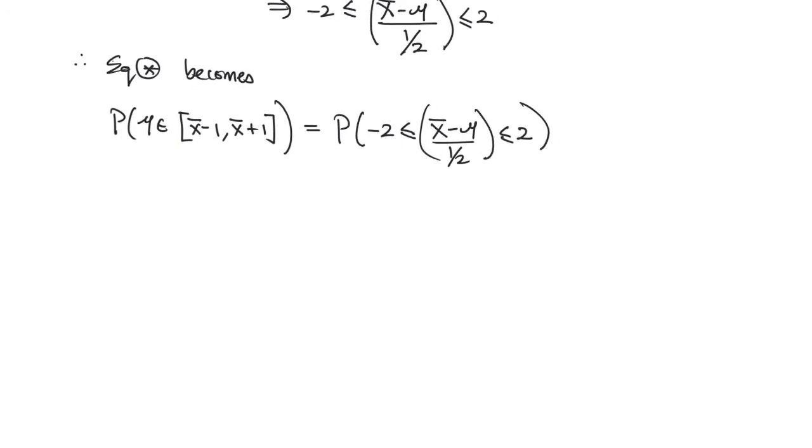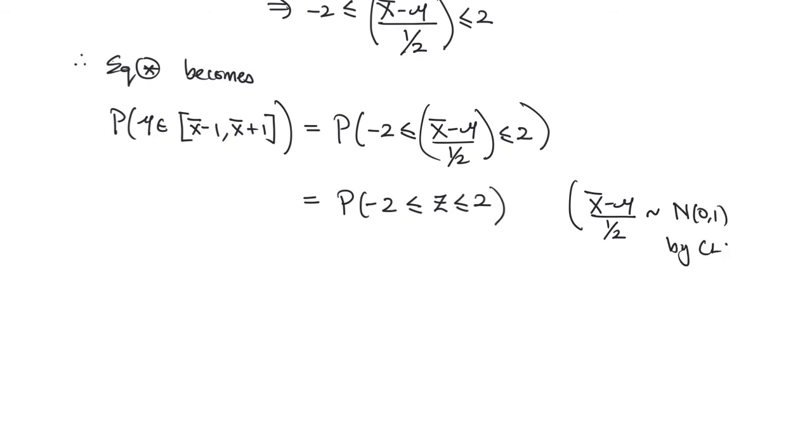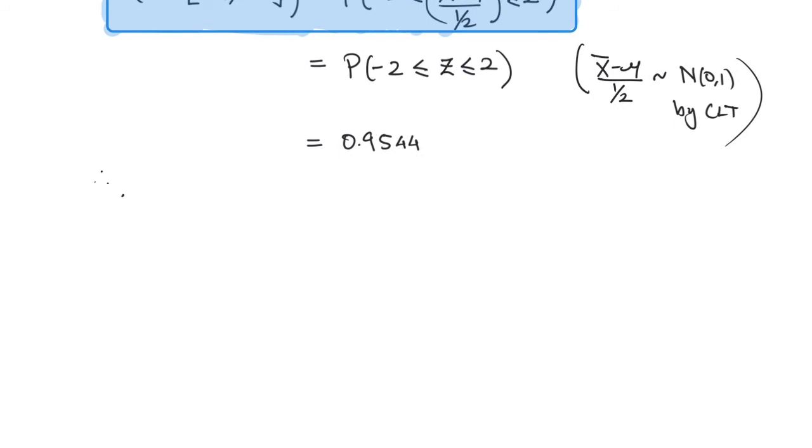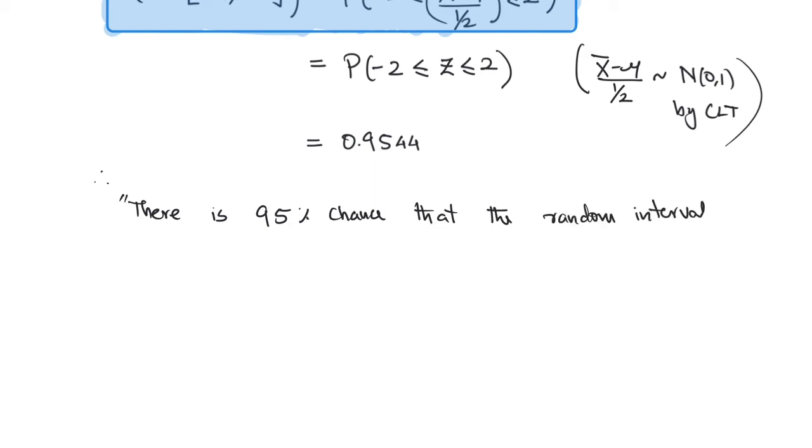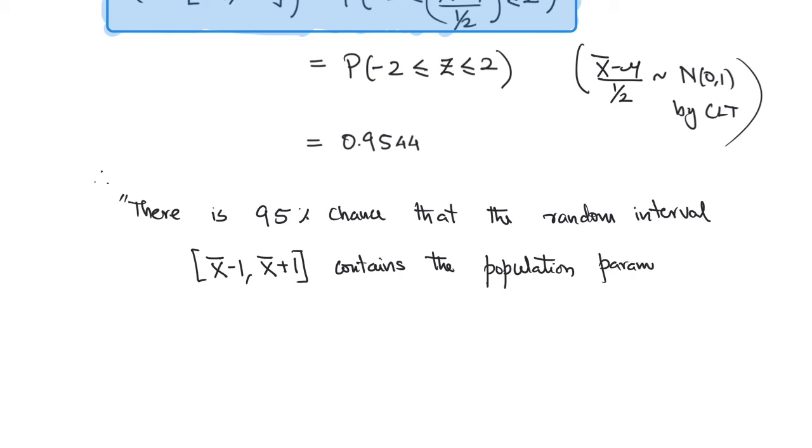We notice that the last equation is actually a probability involving the standard normal table, and can be calculated to be 0.9544. This says that there is a 95% chance that the random interval x bar minus 1 comma x bar plus 1 contains the population parameter mu.